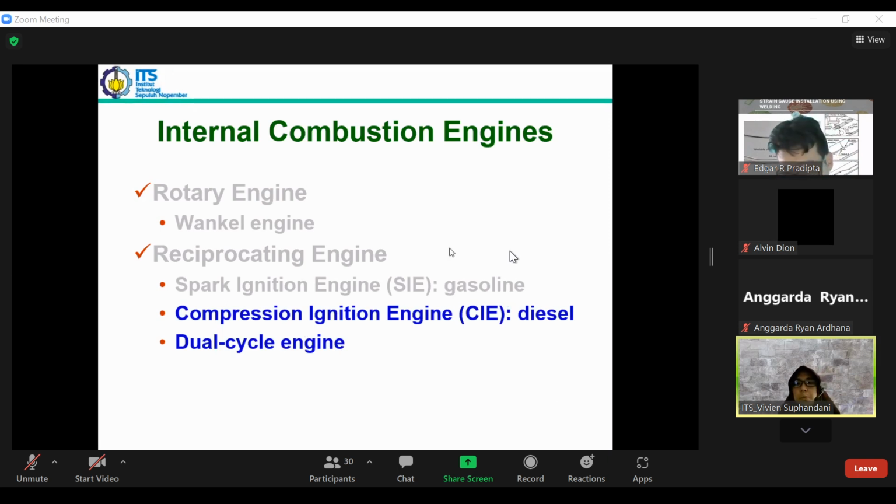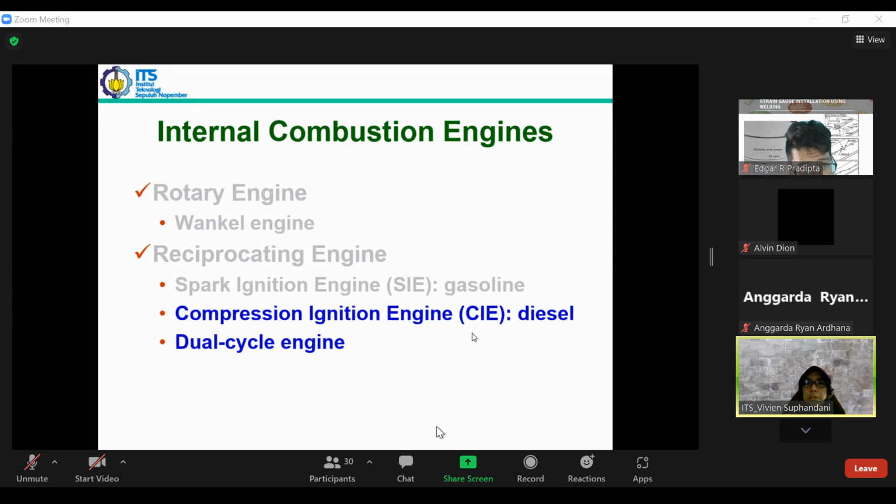And what is the difference between gasoline and diesel? I think it's almost similar. In the diesel engine we also have 2-stroke and 4-stroke engines, and almost the same cylinder. But the difference is that the compression ratio is higher in the diesel cycle. And when we look at the cycle, actually the cycle is different.